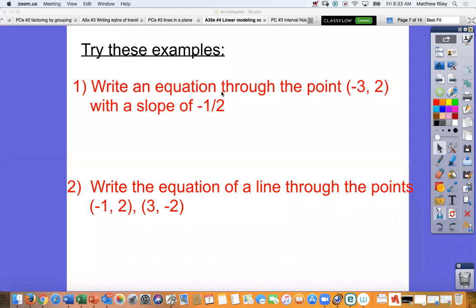So what I want you guys to do is write an equation with the given point, with the given slope, and then write an equation of a line through the 2 points.